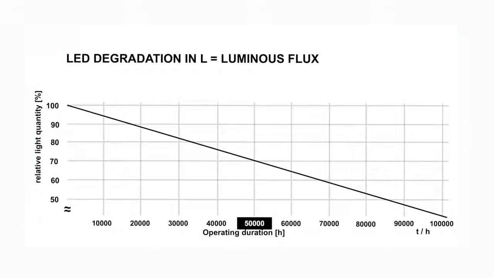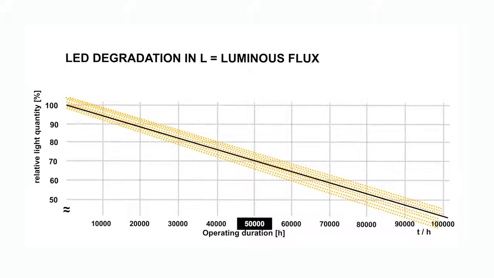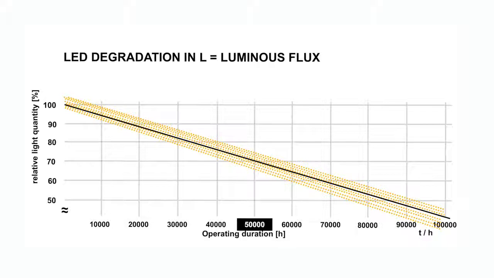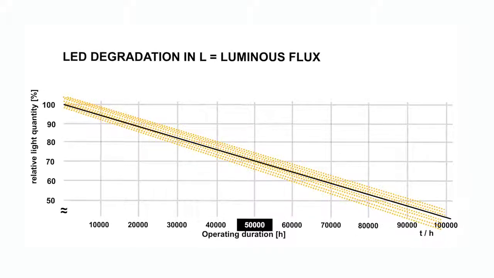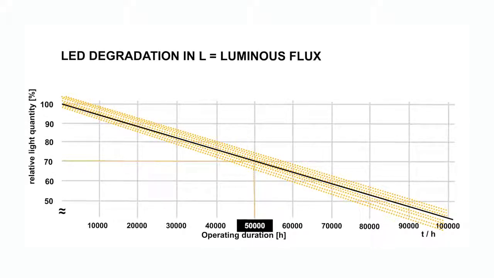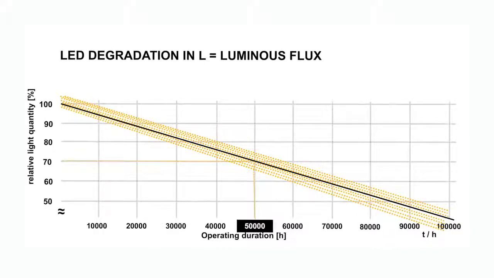This line shows the degradation of the LED over time. But in reality, our luminaires are made up of more than one LED. So this line is actually the average of all of the LEDs. 50% will be above the line and 50% will be below. At this point on the curve, we can say that the lumen output will be 70% of the original after 50,000 hours. 50% of the LEDs will give more than that, and 50% will give less.